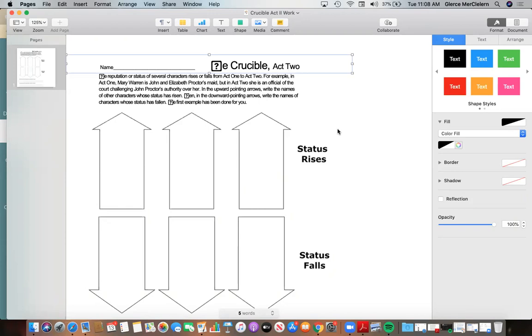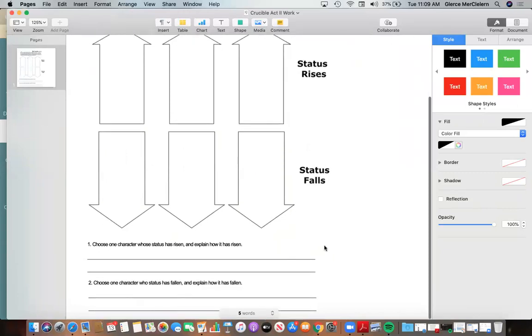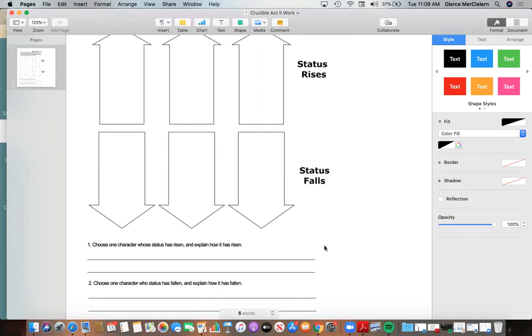So in the upward pointing arrows, you're going to write the names of other characters whose status has risen. And in the downward pointing arrows, you're going to write the names of characters whose status has fallen. It says the first example has been done for you, but it hasn't. And then you're going to choose one of the characters that you're writing for status rises and one that you have chosen for status falls.